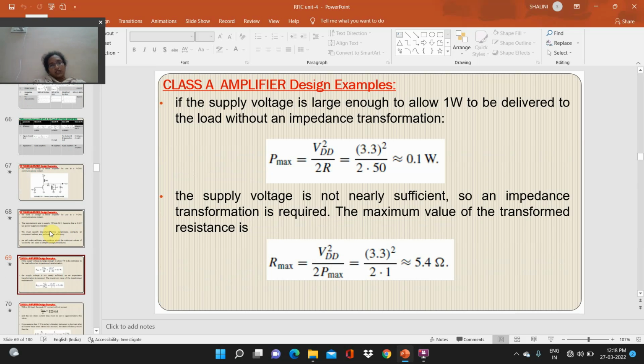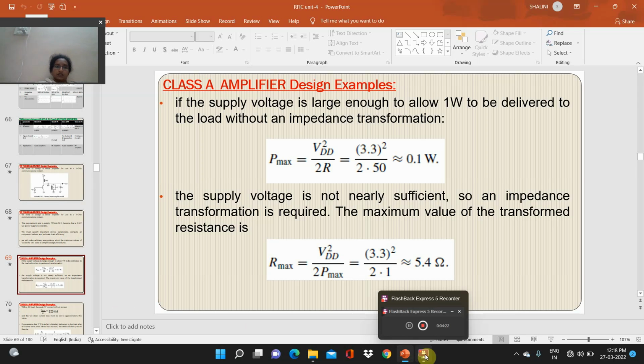If the supply voltage is large enough to allow 1 watt to be delivered to the load without an impedance transfer method, Pmax is equal to V square DD by 2R, that is 3.3 whole square by 2 into 50, equal to 0.1 watt. The supply voltage is not nearly sufficient, so an impedance transformation is required.